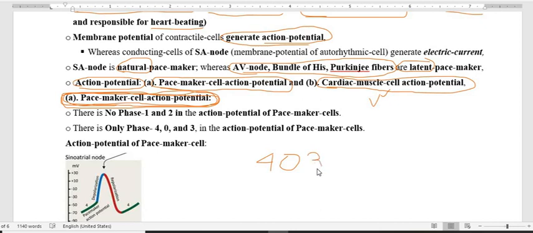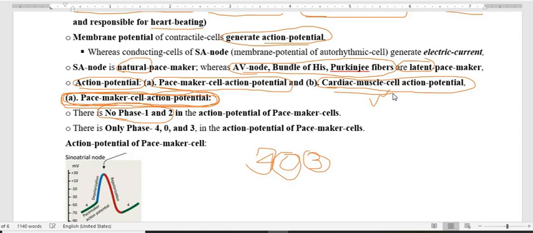I mean the pacemaker action potential includes phase 4, phase 0, and phase 3, whereas in the pacemaker cell phase 1 and phase 2 are missing. So this is very interesting and also a differentiating point from the action potential of the cardiac muscle cell.